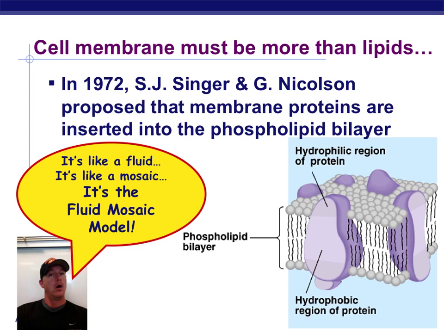It's got fluidity. These molecules can actually almost float around and change their structure. This lipid is not locked in place. This protein is not locked in place. So its overall structure is very fluid.